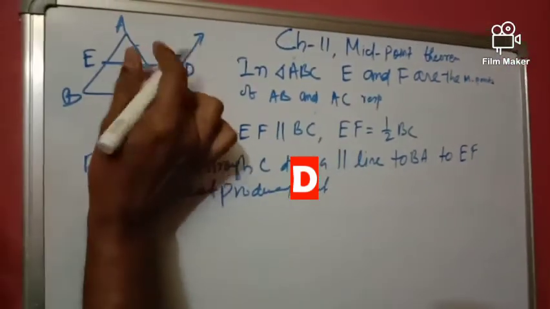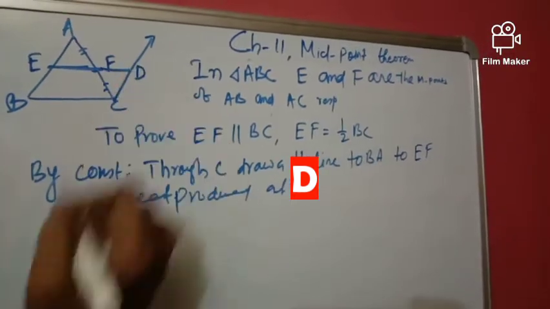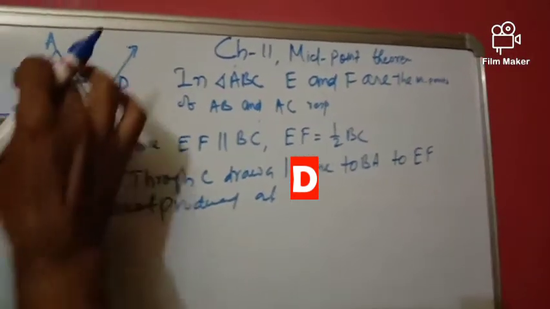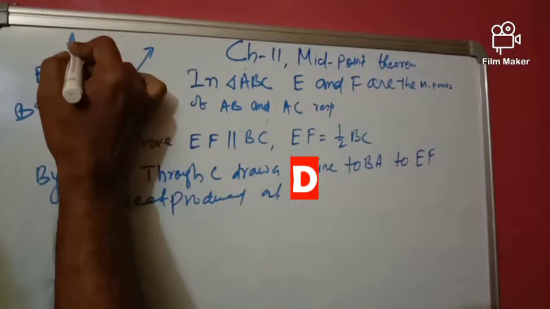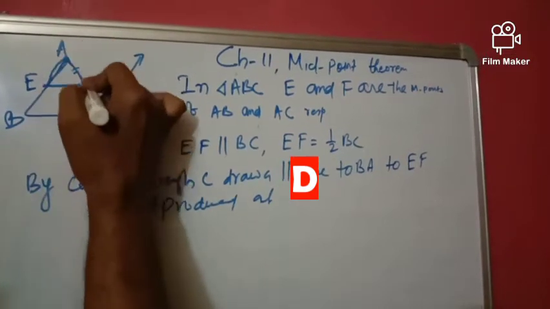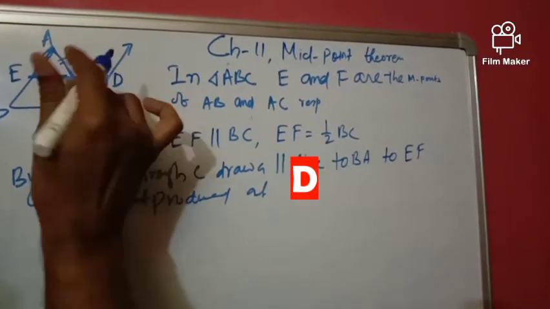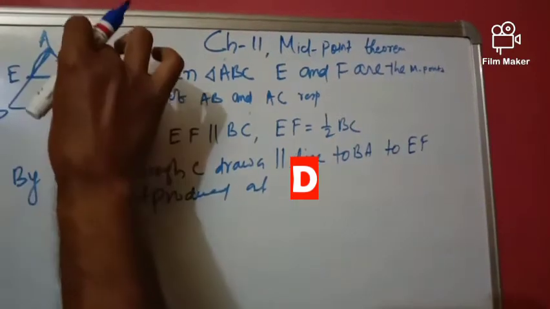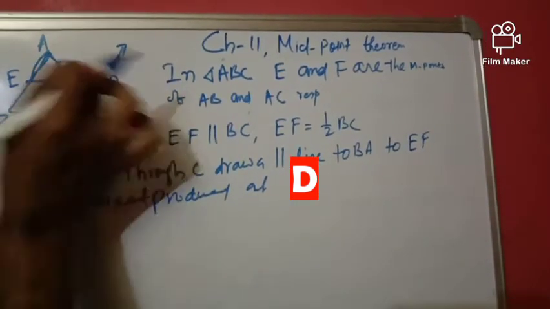From here E and F I am joining and F is produced. So first of all, we have to use these two triangles. From there you have to find out this part equal to this part and this part equal to this part.